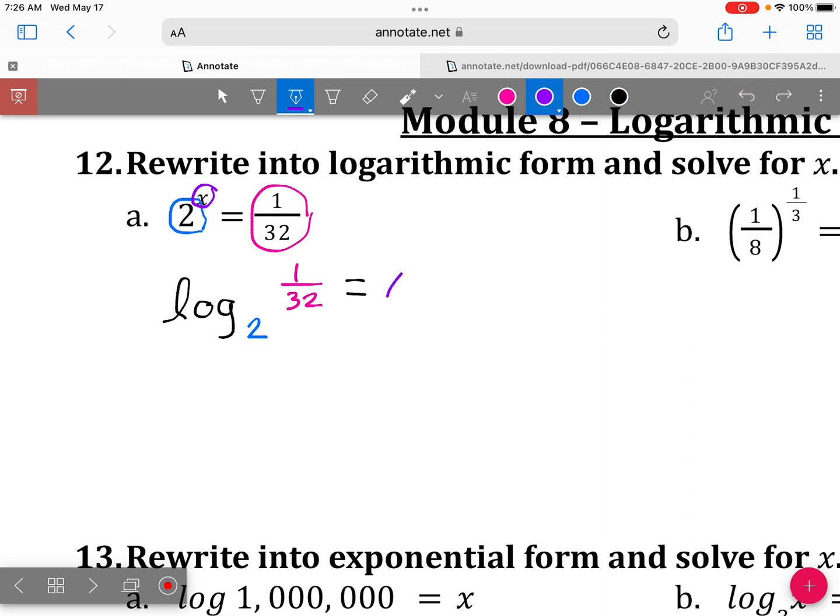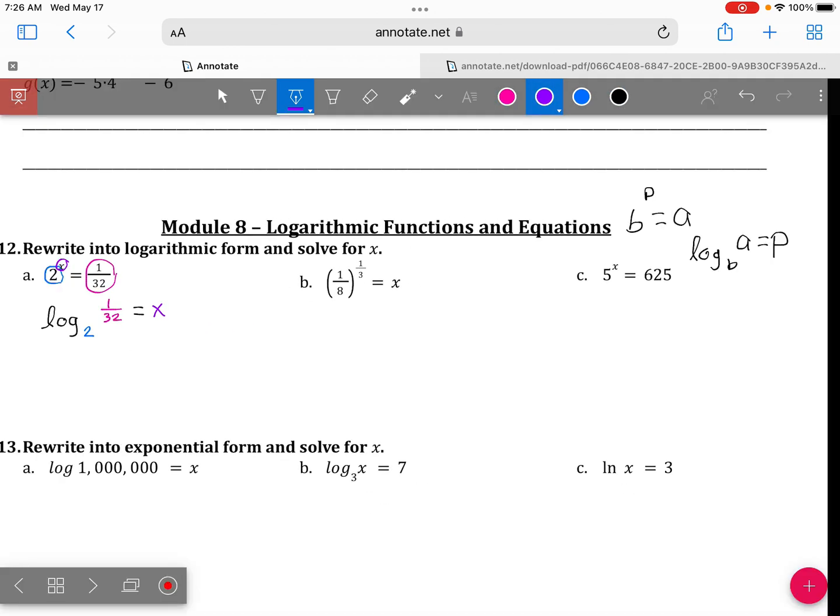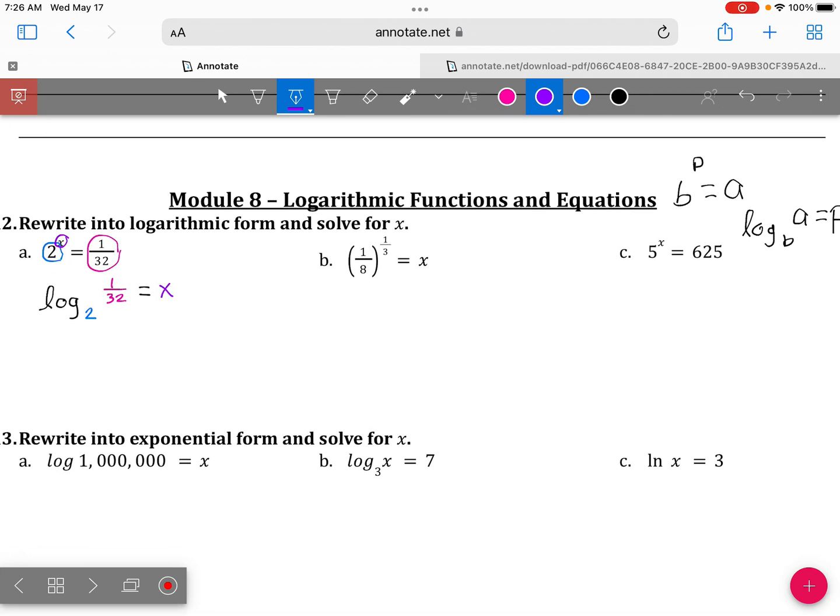What's the formula for this again? It's not really a formula, it's just kind of the form, but that's these guys over here, BPA, log BAP. Base power argument becomes log base b of the argument equals your power.